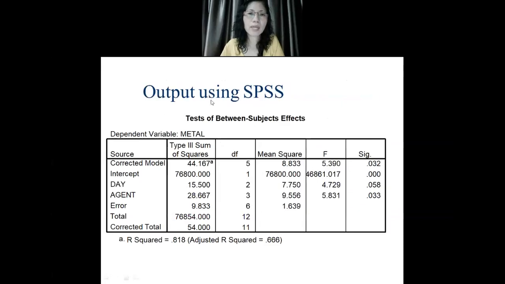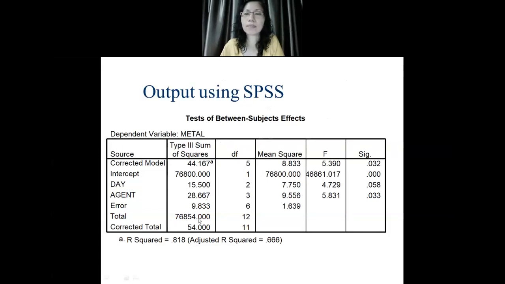Now, if you run SPSS, this is the ANOVA table. Day is the block, agent is the chelating agent, and then the error, the sum of squares, and the total.